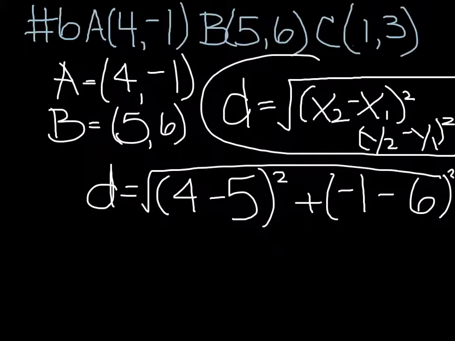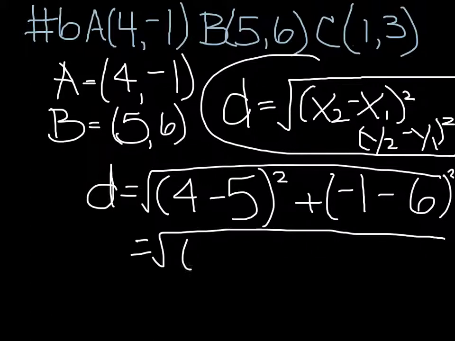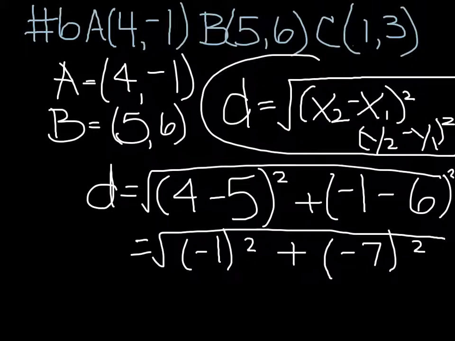So obviously 4 minus 5 is -1, so that's -1 squared, plus over here it's going to be -7 squared because you have two negatives, so you add and keep the sign. So -7 squared.